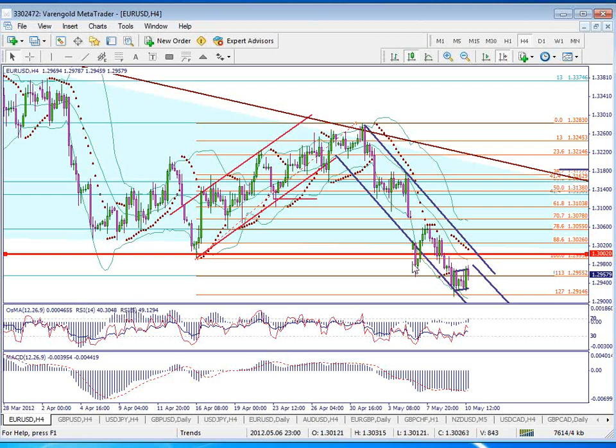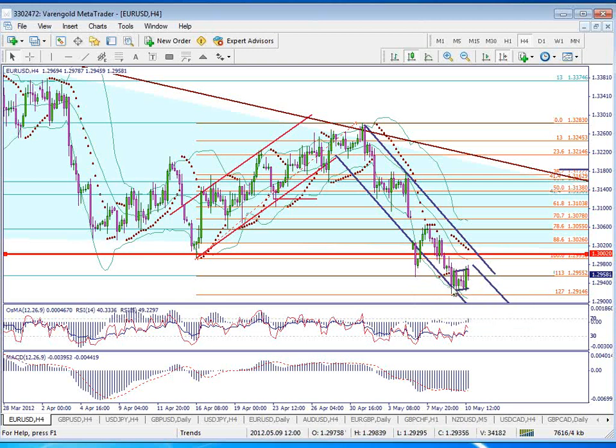So here it was a false breakout from the channel on 4 hour time frame because it was the result on the French election. After that, the pair just go back into the channel.